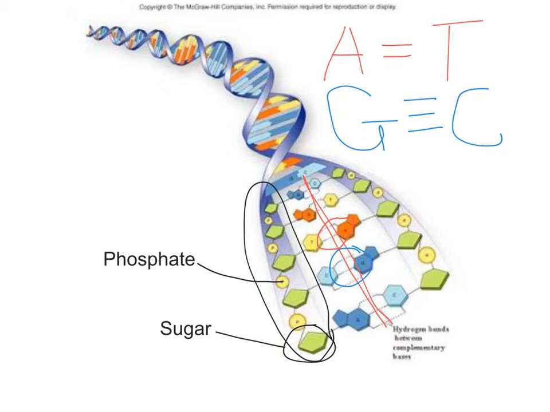So the actual sugar itself is the section that holds the base, and a sugar, a phosphate and a base, so like in this group here, or probably easier to see if we look at this group here, this is what we call a nucleotide. And essentially, the DNA is actually made up of nucleotides all joined together in a long row, and then that long row connecting through the hydrogen bonds to the alternative strand.